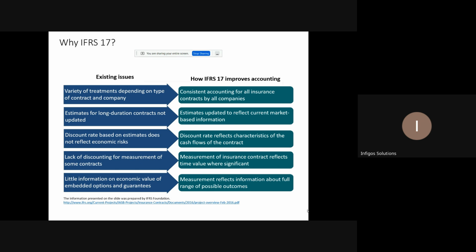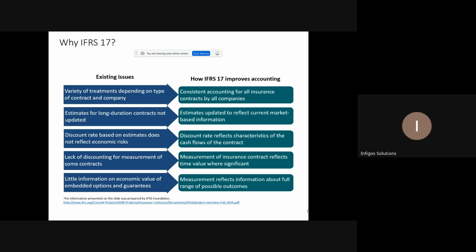So why do we go for IFRS 17? There will be consistent accounting for insurance contracts for all companies. Estimates will be based on current market data. Then the discount rate will reflect the cash flow characteristics. It's not going to be based on economic risk or something like that.